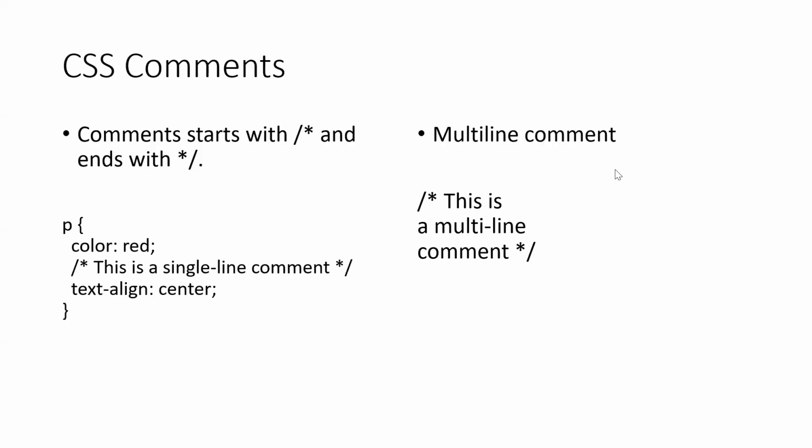Right. Comments, ideally, are something you are normally going to use. So we can use slash and asterisk, and you end with asterisk and slash. So this is considered a comment. Whenever you want to write or develop CSS, sometimes you have to have your own notes.